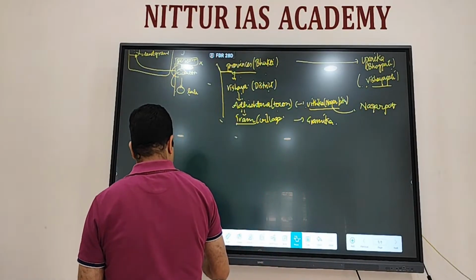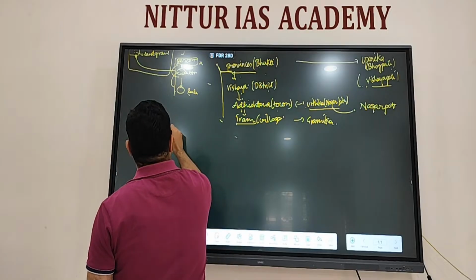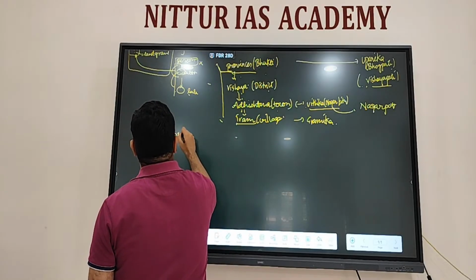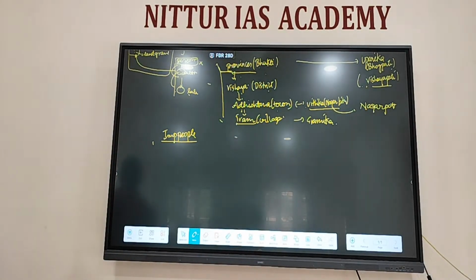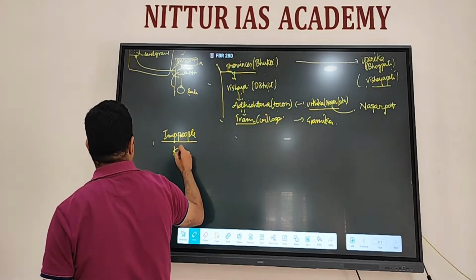Next, there were certain important people that you find in the case of administration. Who were the important people? These used to be called as Mantri Parishad. They used to assist the king in decision making.